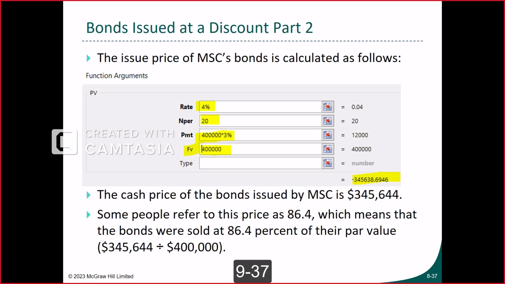Excel will first require the rate. Here we are talking about the effective rate, not the coupon rate. The rate you have to enter in your formula is the effective rate. Excel is accountant. It does not recognize the coupon rate. The rate is the effective one, the market rate.